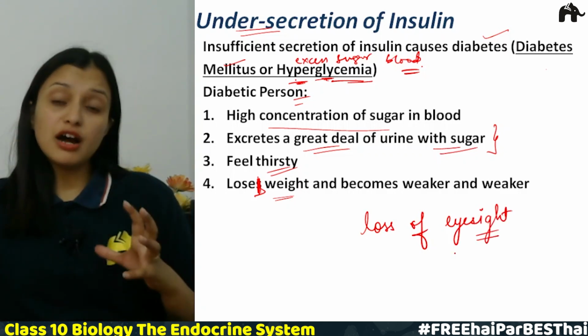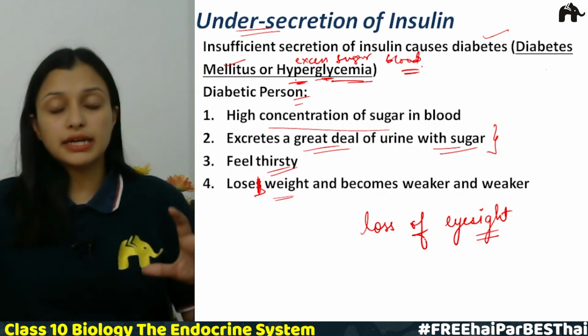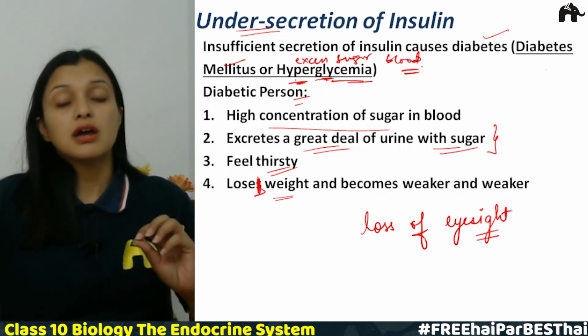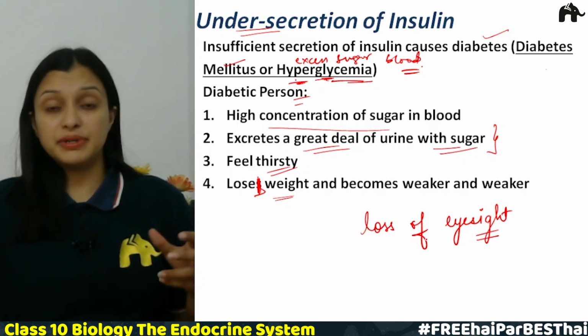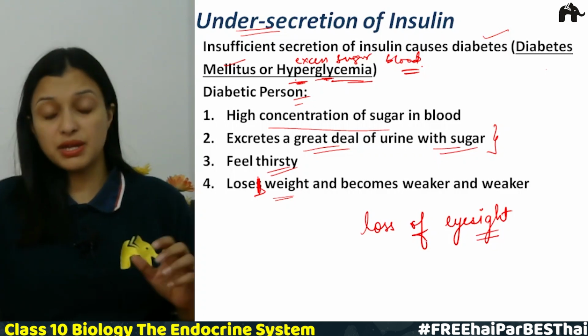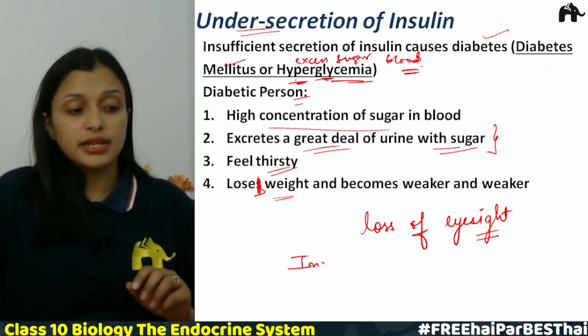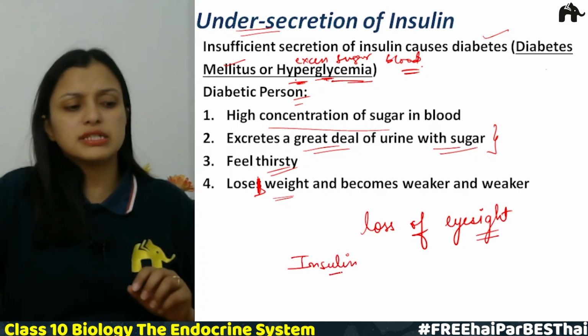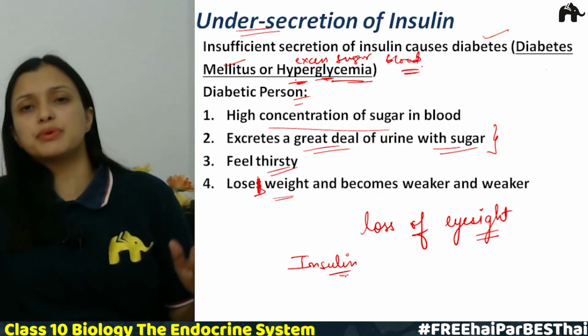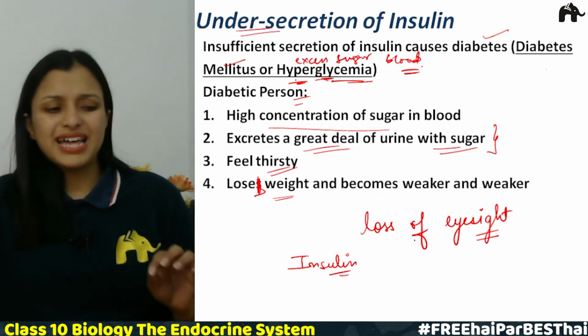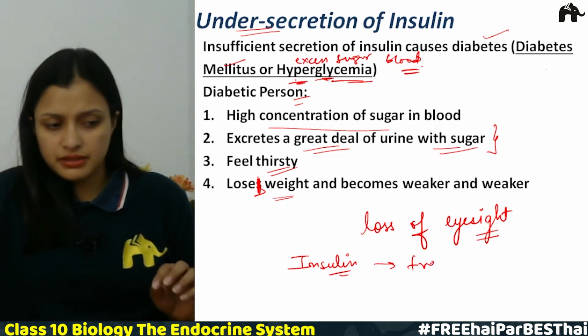Now a very important thing that is being done in some patients: when they are diabetic, when there is hyperglycemia, the insulin hormone is directly given to that person through injections, but that is only a treatment, right?